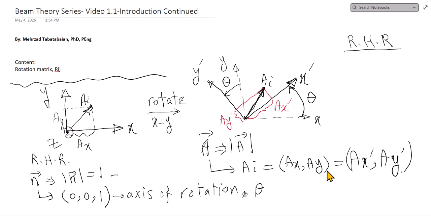So that is the right hand rule positive direction, and that would be 0, 0, 1. And if you want to rotate about the minus z direction, your axis of rotation, including the direction of your rotation, will be 0, 0, and minus 1.